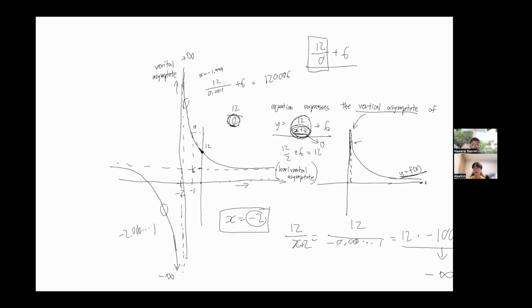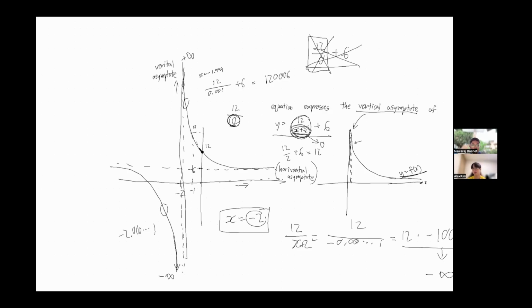Because this cannot exist, this whole thing cannot exist. Do you kind of understand? So that's why it always approaches a specific value near -2, but -2 itself does not have a specific value. That's why it's called an asymptote.